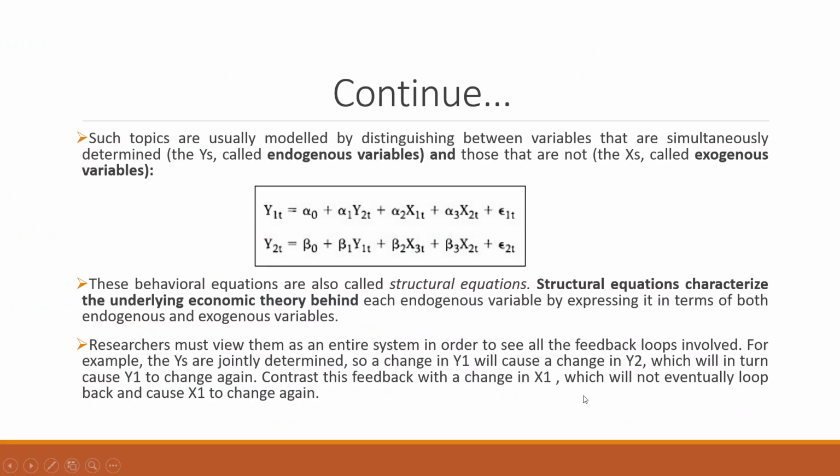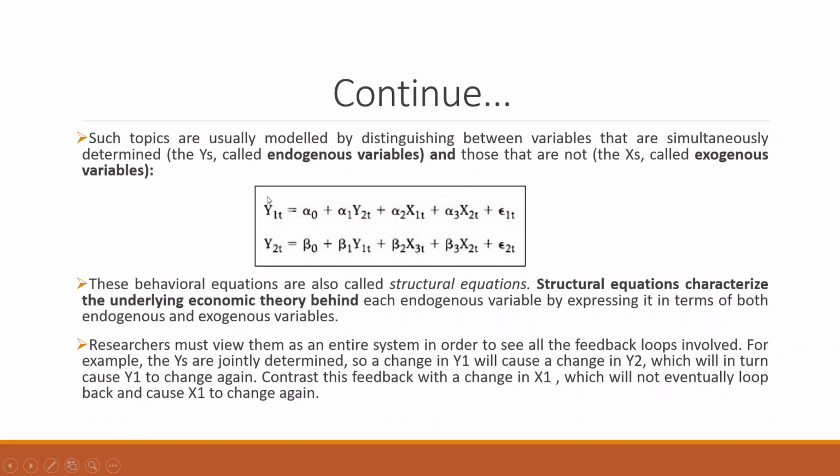These behavioral equations are also called structural equations. Structural equations characterize the underlying economic theory behind each endogenous variable by expressing it in terms of both endogenous and exogenous variables. Researchers must view them as an entire system in order to see the feedback loops involved.